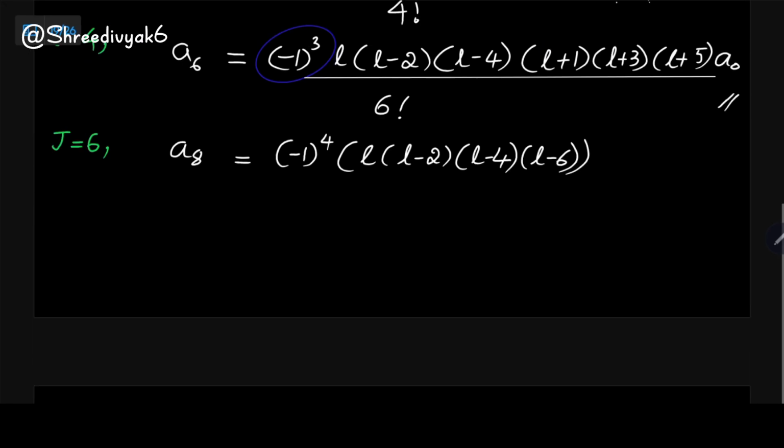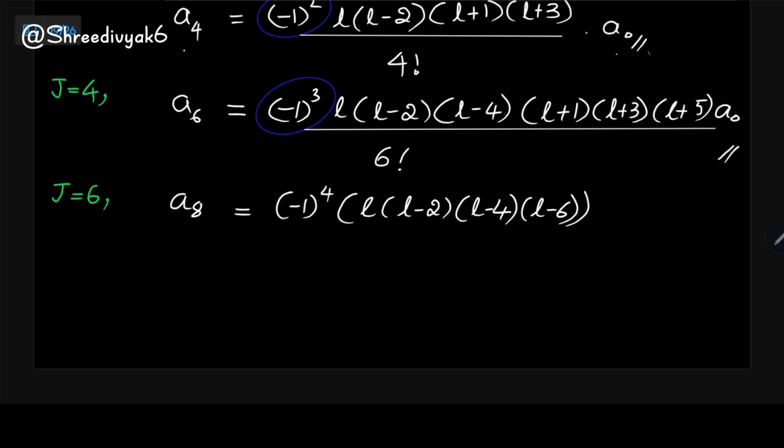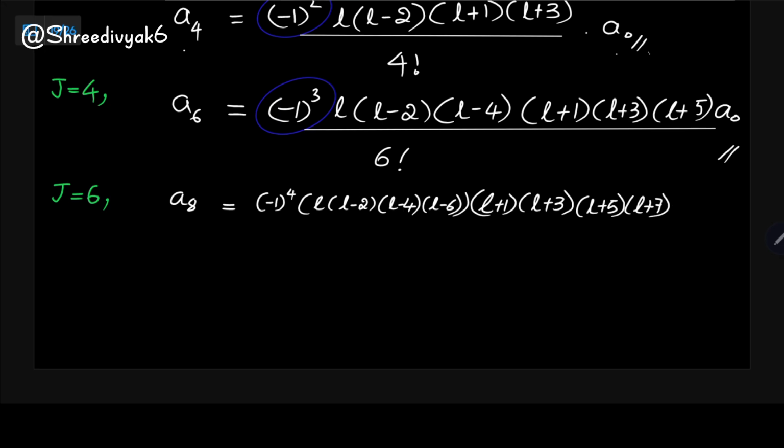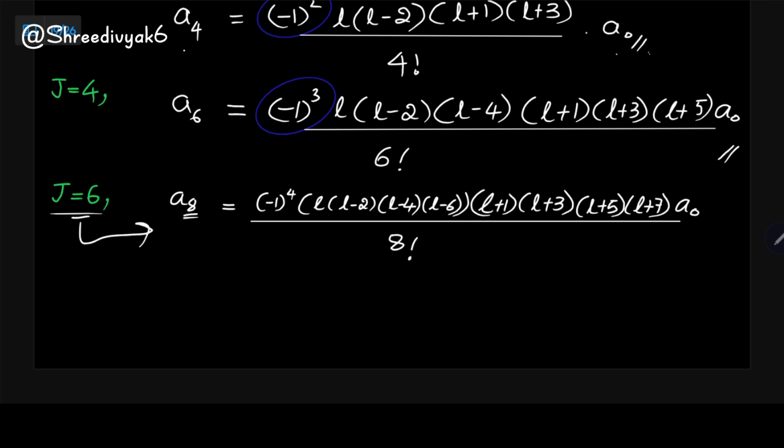Again for the next terms, it will be L plus 1 into L plus 3, L plus 5, L plus 7 into A naught, divided by, look at this, for A6 you have 6 factorial, for A8 you will get 8 factorial. Like this, for different even values of j, you are going to get different coefficients depending on the value of j.